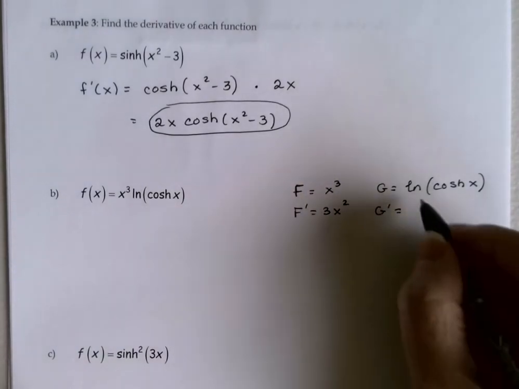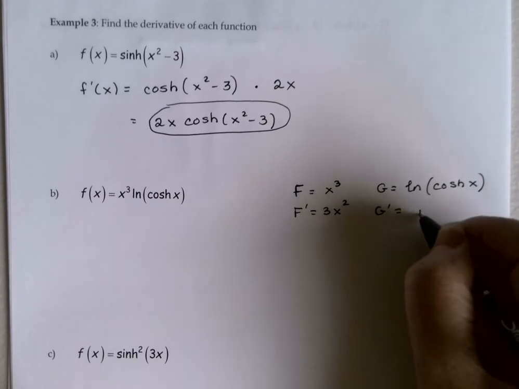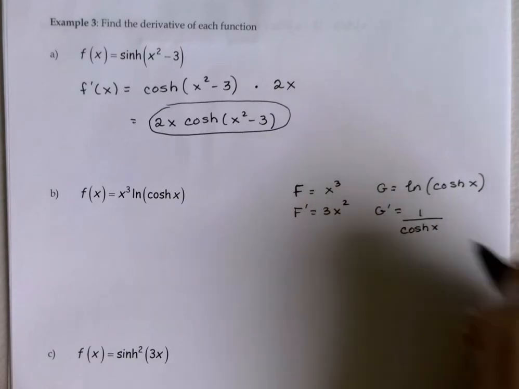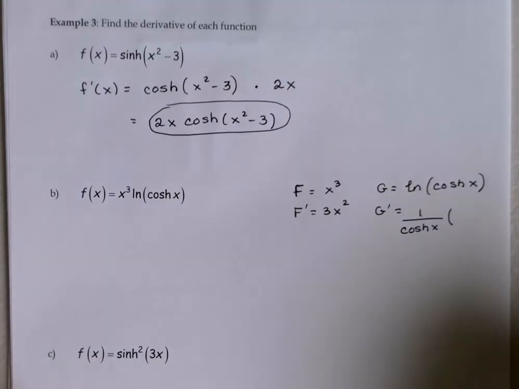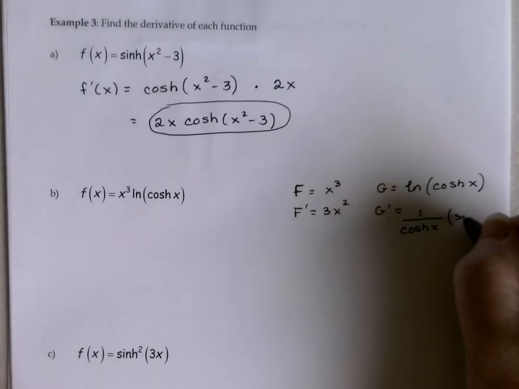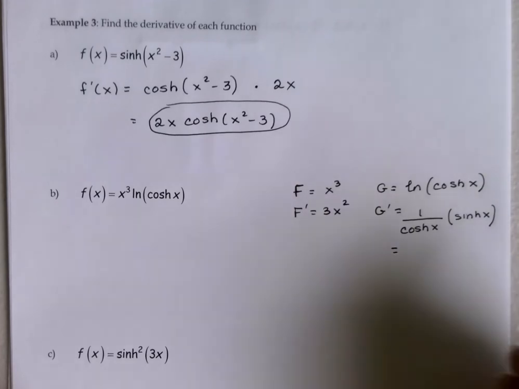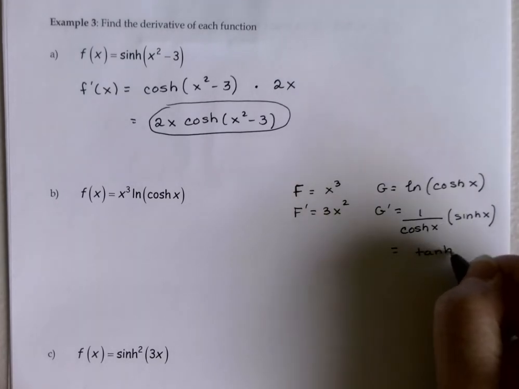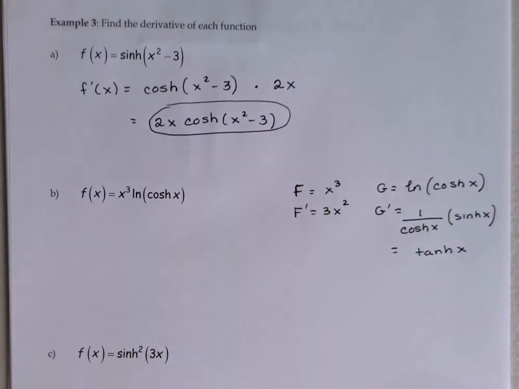And g prime, the derivative of the natural log is 1 over the argument, cosh x, times for the chain rule, derivative of cosh x is sinh x. So I actually have sinh over cosh. That would be the hyperbolic tangent of x.